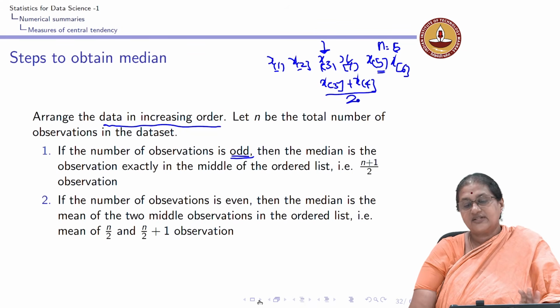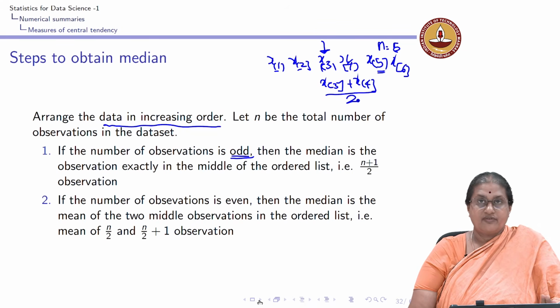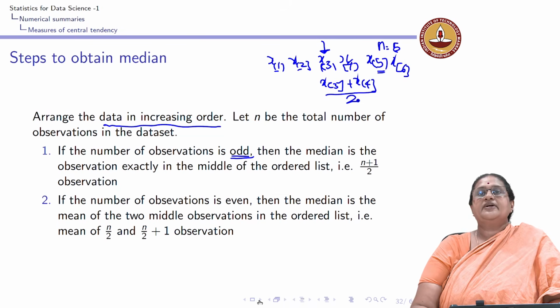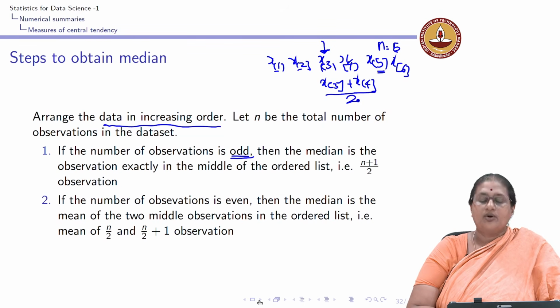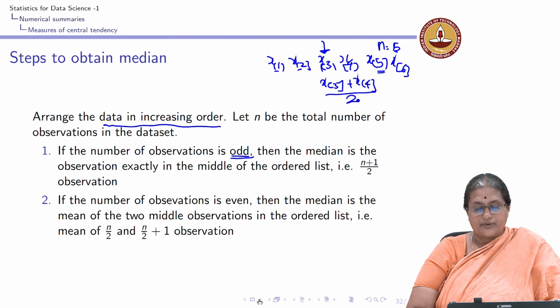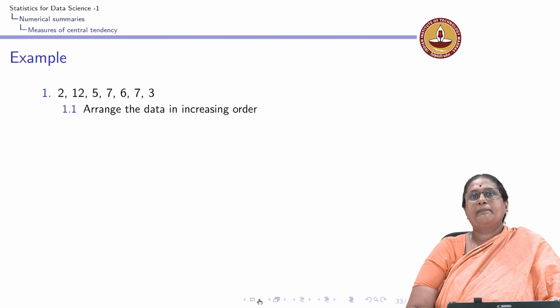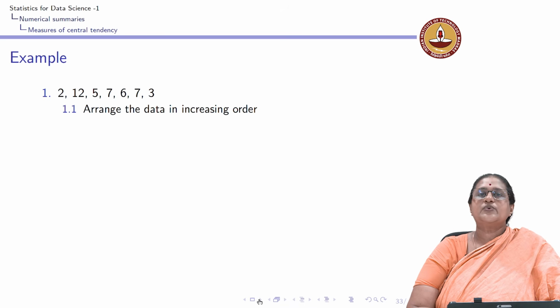That's what this means. So the median depends on whether the number of observations is odd or even. Now let us apply this definition and these steps to compute the median for the data sets we have already seen before.